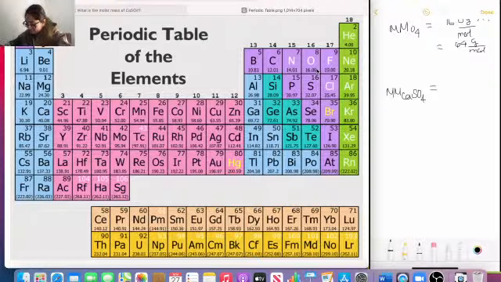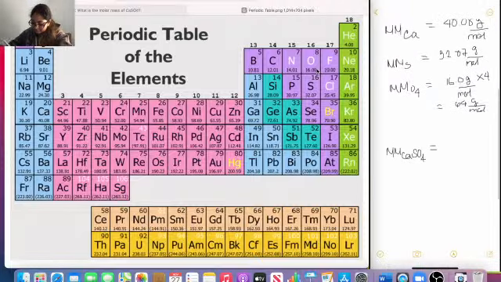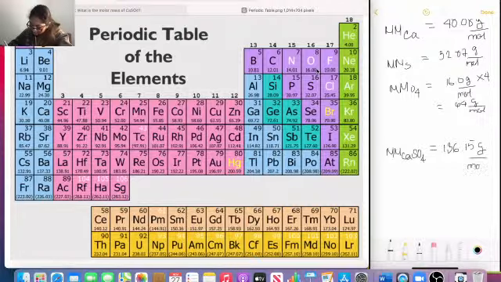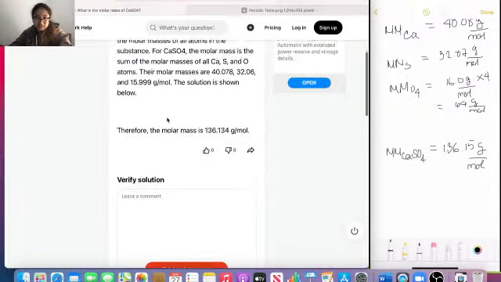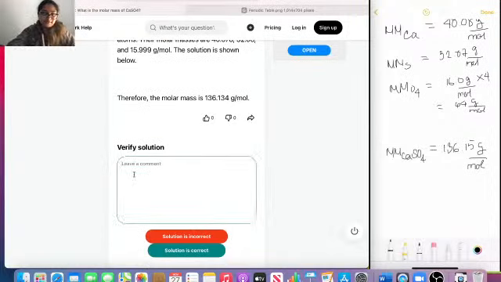So 64 plus 32.07 plus 40.08, and you get 136.15 grams per mole. Okay, so this is what I have got. Yes, so this is correct.